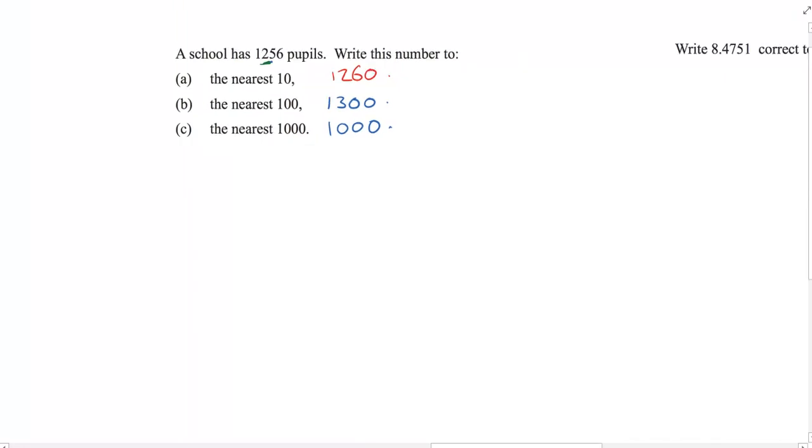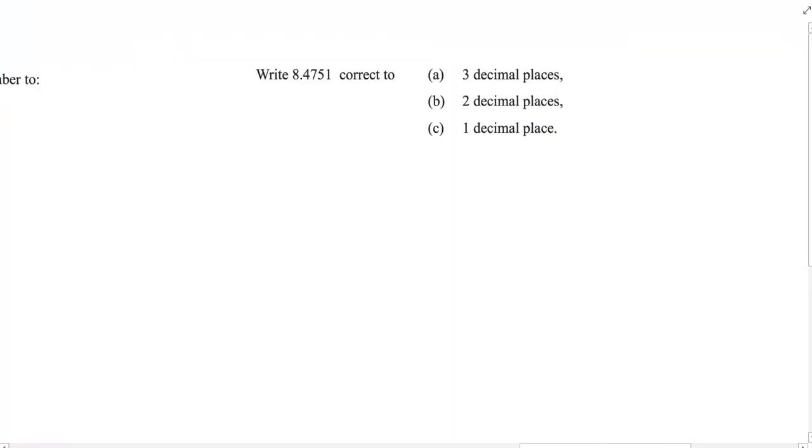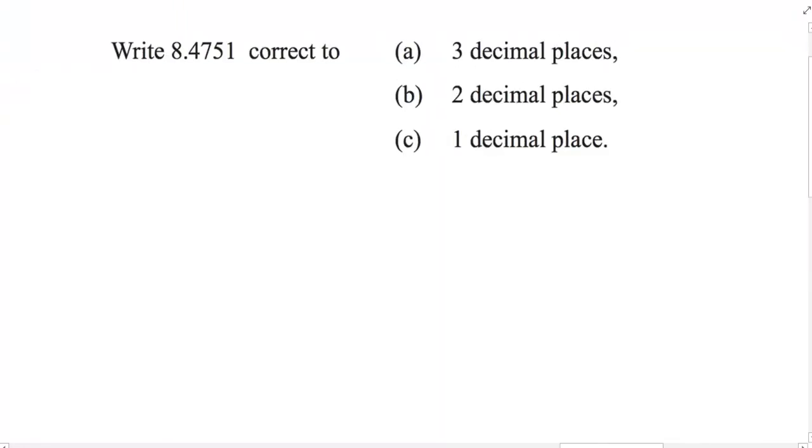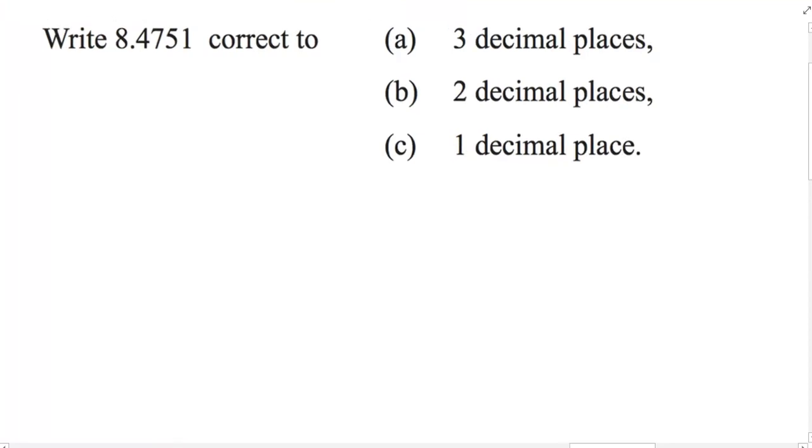So there's our answers. Finally, let's introduce some decimals into this, because it's no different with decimals than it is with anything else. If we have a decimal value, then we look at numbers and we make decisions whether to move up and down in exactly the same way. If I have to round this to 3 decimal places, this is asking me to leave 3 numbers only after the decimal point.